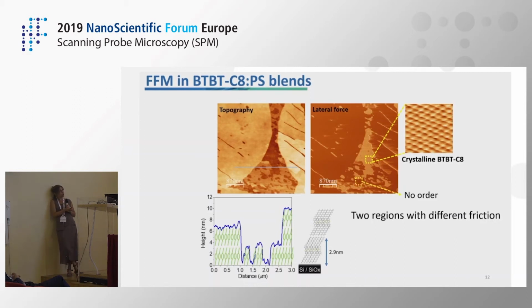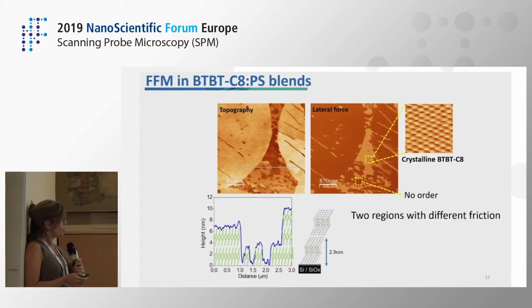And when we zoom in on top of these low frictional areas, we can see no order, as expected due to the amorphous structure of the polystyrene. So with this, we can assign this frictional contrast to the two materials in the sample, polystyrene and crystalline BTBT-C8 with this orientation of the surface.